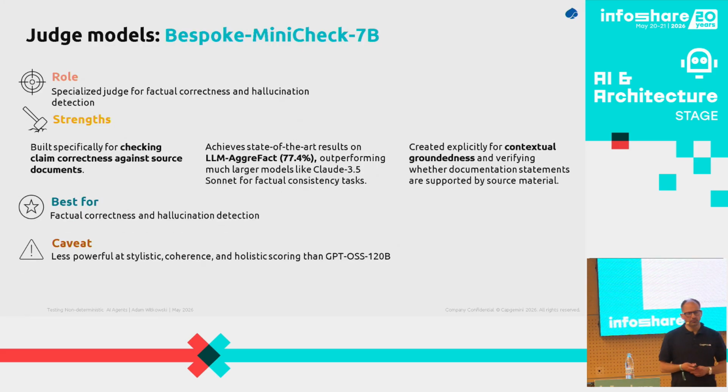Now the other one is completely different. It's a 7B Bespoke MiniCheck, which basically you can run on any laptop if you have a GPU, right? And what are the results? Basically, between them, there were almost no differences. So the generic, very big model and the specific, very tiny model were giving us, for the documentation LLM as a judge use case, almost the same results.